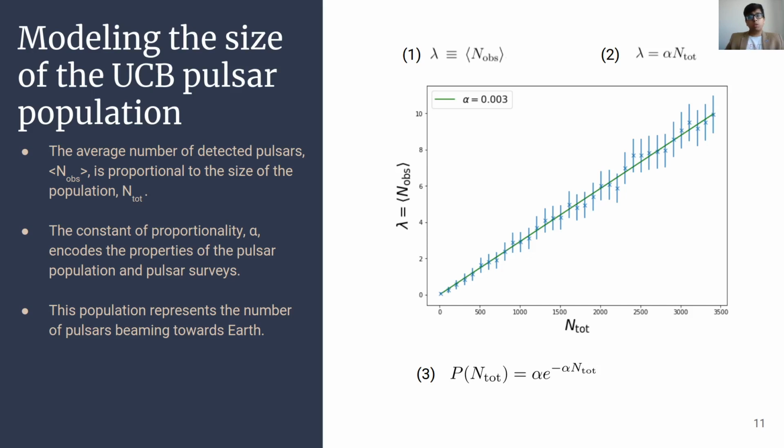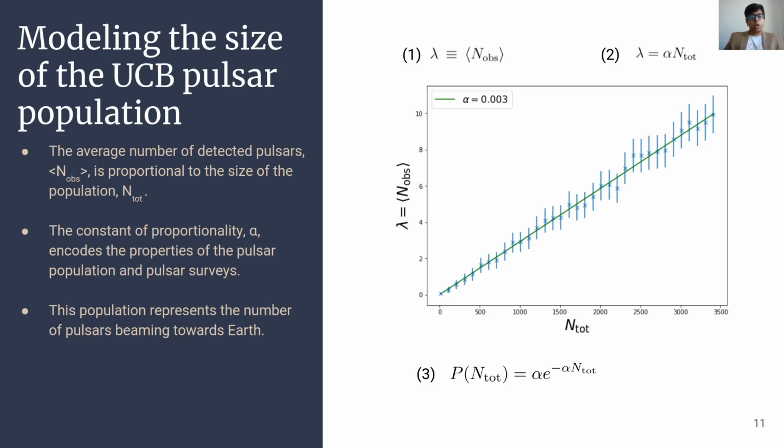As a result, once we know the value of alpha, then assuming the right likelihood function, we can then calculate the probability distribution function of the size of the population for any given type of BNS pulsar system, and that's shown in equation 3.